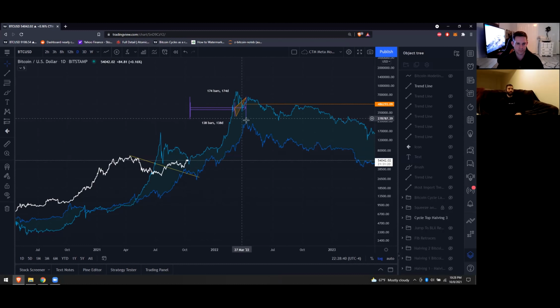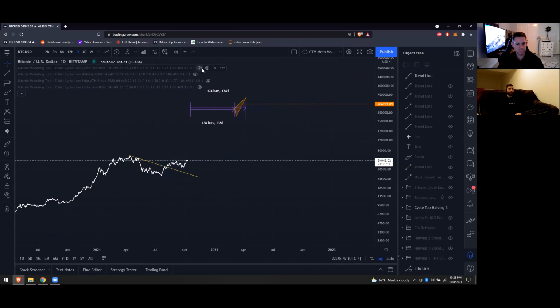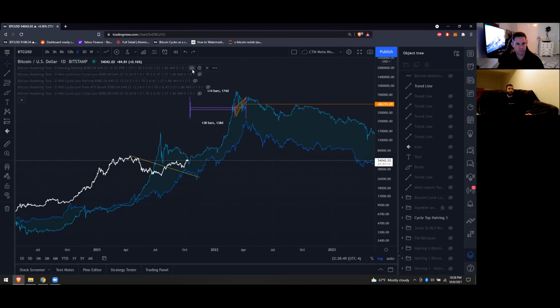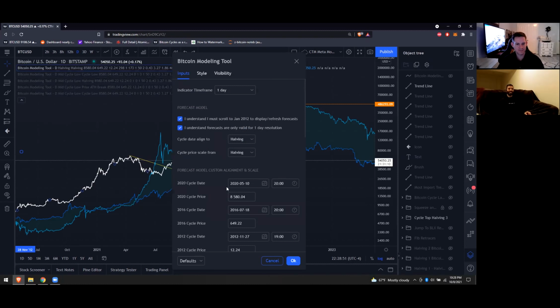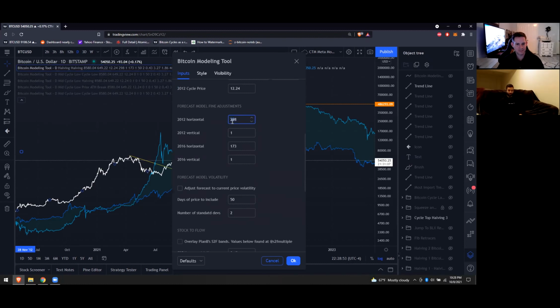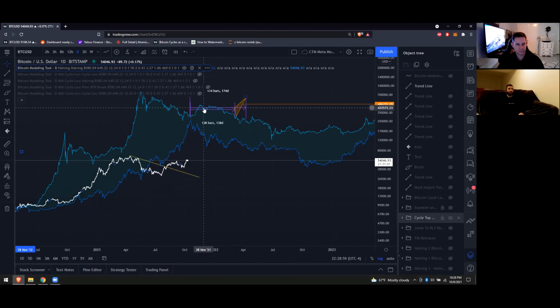Right. And so if this cycle were adjusted from the halving, I could just move it over and then undo it. So you can take this arrow here and just bring it from peak to peak.